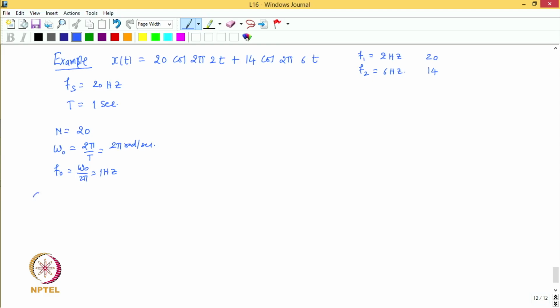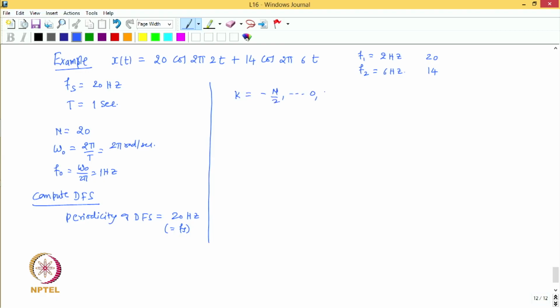Now we compute the DFS, and we know that the periodicity of DFS would be equal to 20 hertz, which is the sampling frequency Fs. Now we compute the frequency components in DFS by taking the indices from minus N by 2 up to N by 2 minus 1.